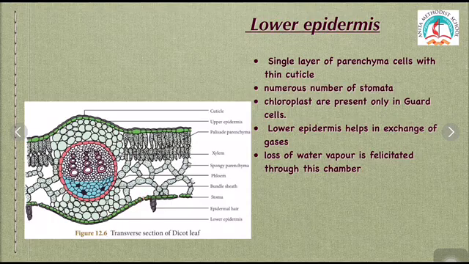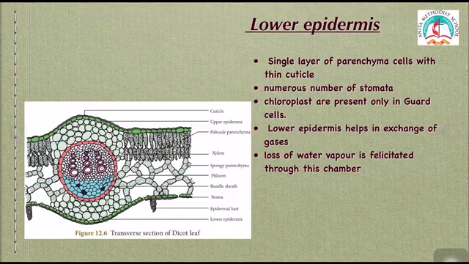Numerous stomata are present. You can see one stoma here, another stoma there. So numerous stomata are present. Chloroplasts are present only in guard cells. Lower epidermis helps in exchange of gases. Loss of water vapor is facilitated through this chamber.